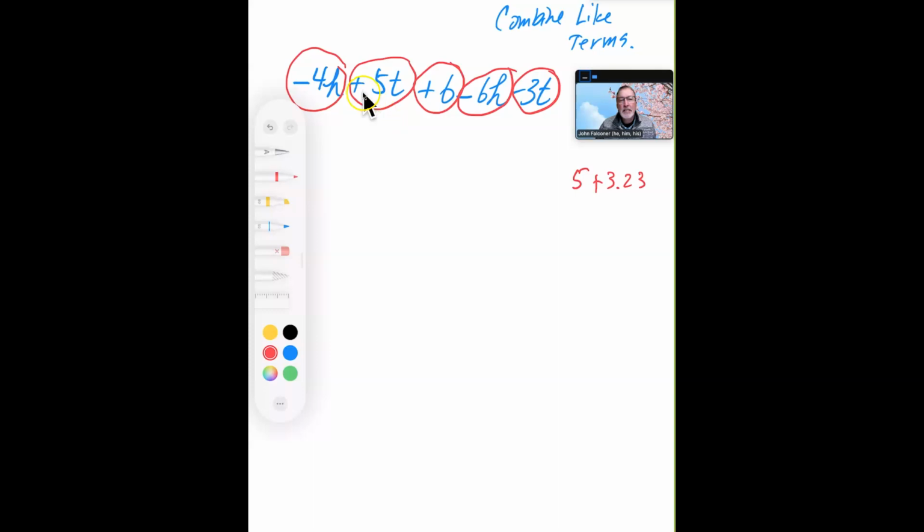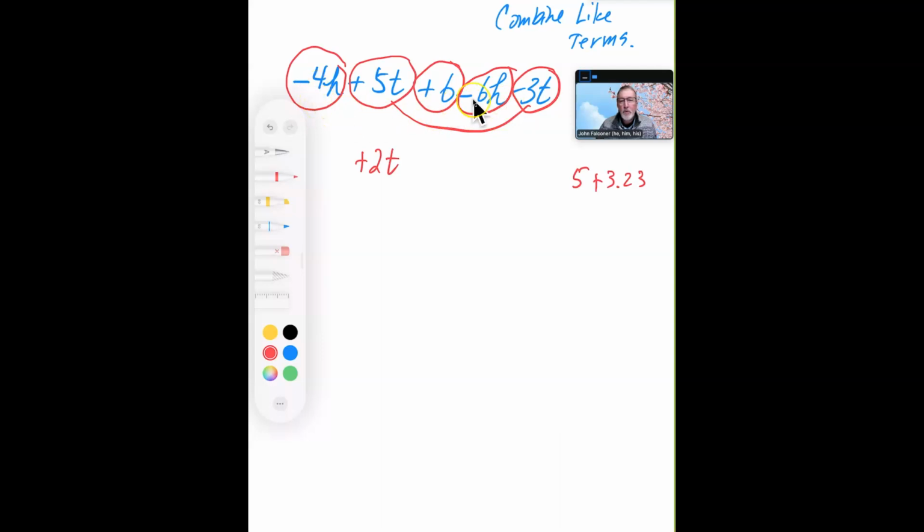Like if they both end in t, well, then we've got positive 5t's, and we're going to take away 3 of those. So that's going to leave positive 2t, right? And that's these two. And then we have 2 that end in h, negative 4h and negative 6h. So if you've looked at my sheet about how to deal with negativity, you know that when you have 2 numbers with the same sign, we combine the values.